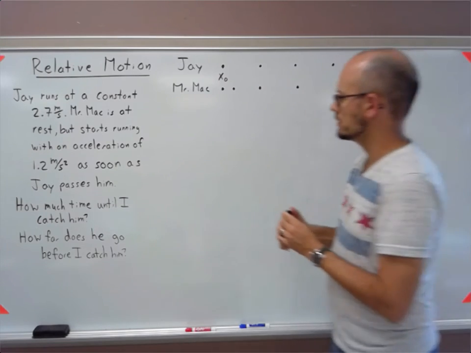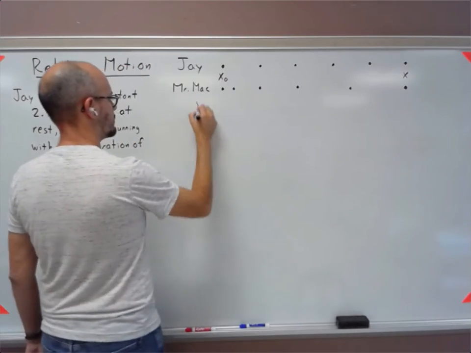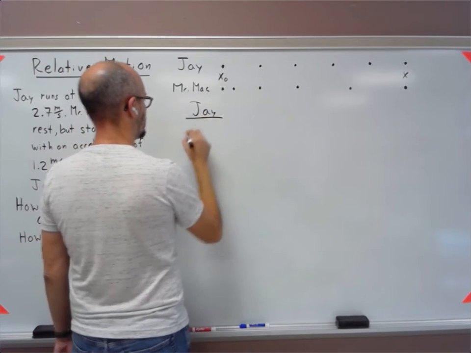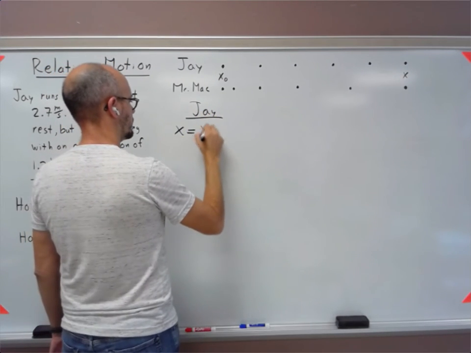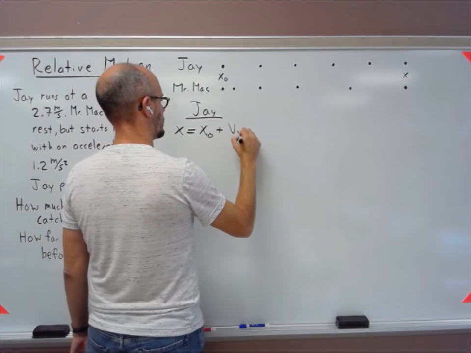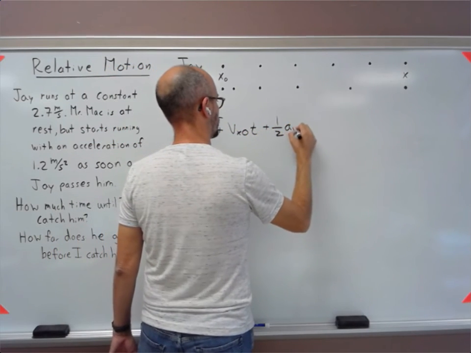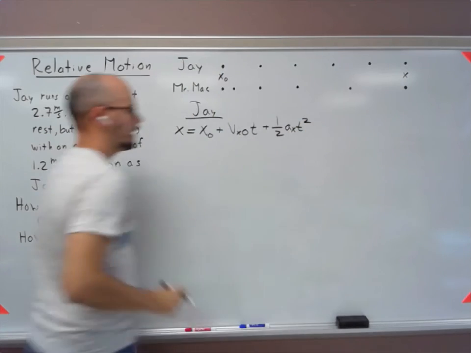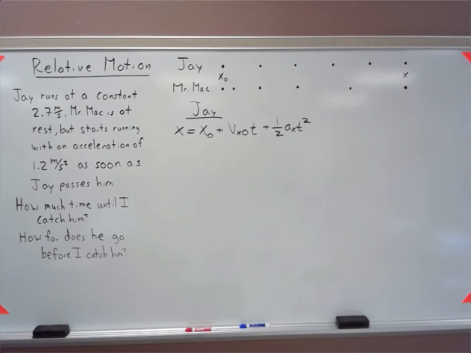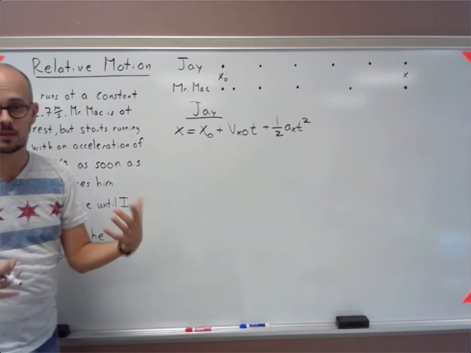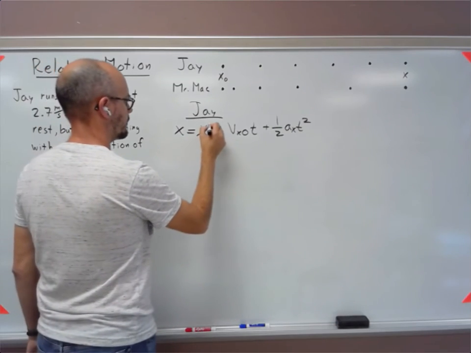So I'm going to do this for Jay first, and I'm going to use the position function equation. I'm going to simplify it and say that x naught is a position of 0.